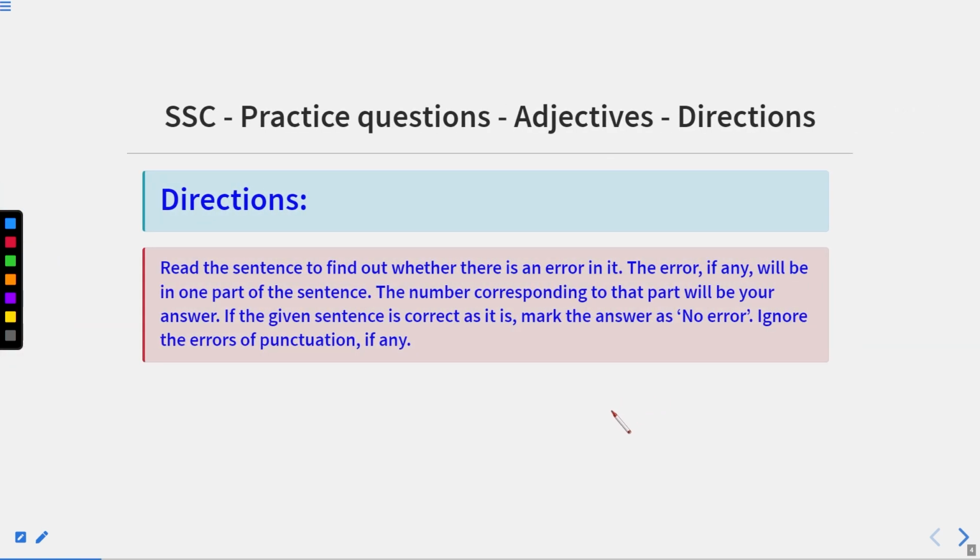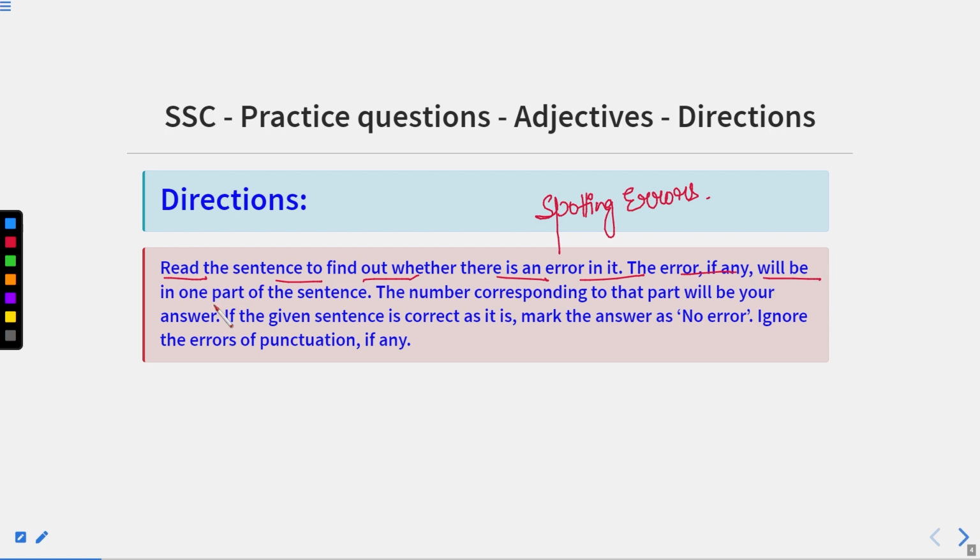First of all, here we have been given some directions for the questions which we need to do. These are the directions which will help us in doing these questions. Read the sentence to find out whether there is an error in it. It means these are spotting errors based on adjectives. Some parts of the sentence have been marked.